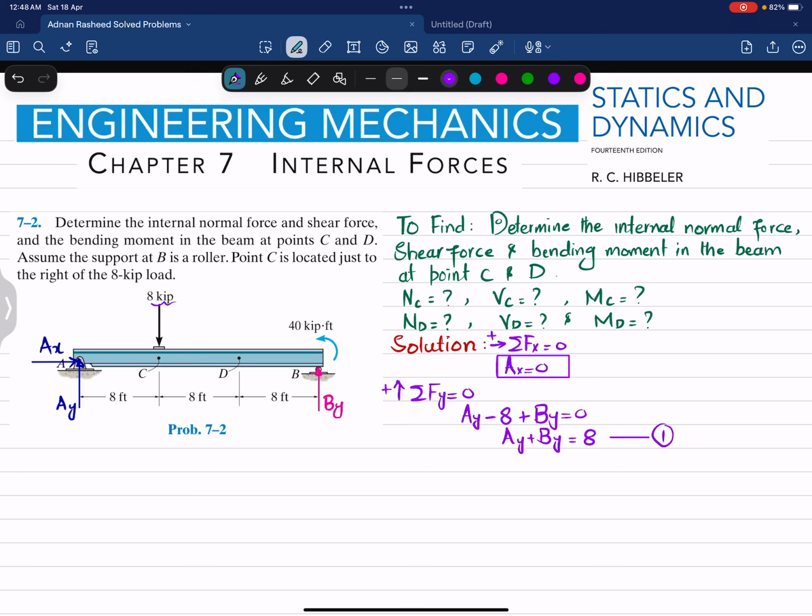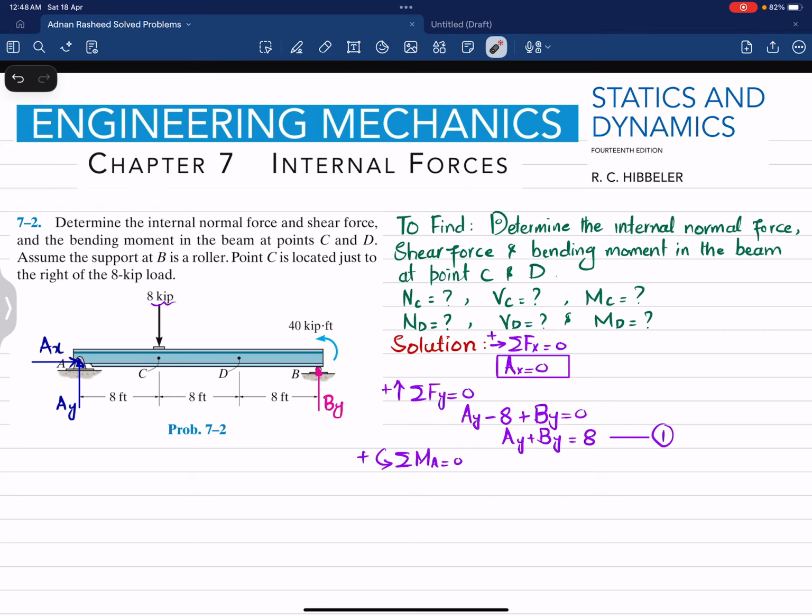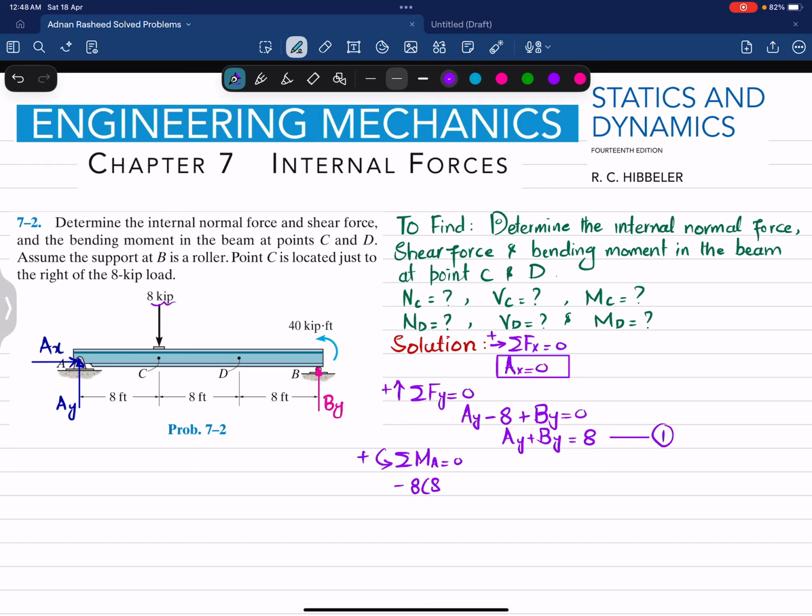The third equation of equilibrium that we will be using is that the sum of all moments about point A is equal to 0 in order to find BY, taking the counterclockwise moment as positive. About point A, the first moment is due to 8 kips and the perpendicular distance is 8 feet, and it is producing a clockwise moment, so it will be taken as negative. So I can write minus 8 multiplied by 8.